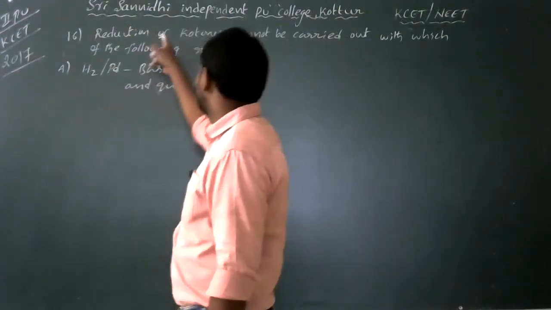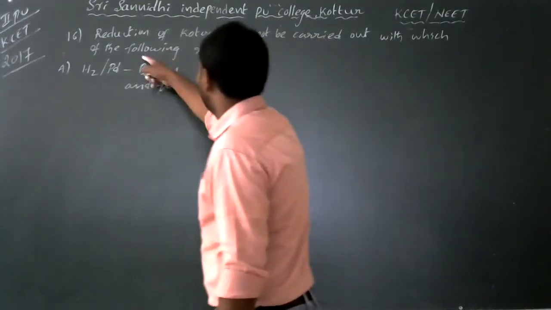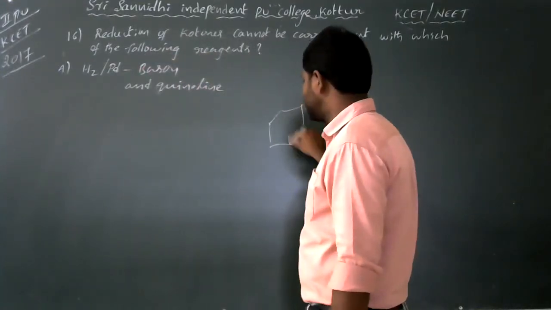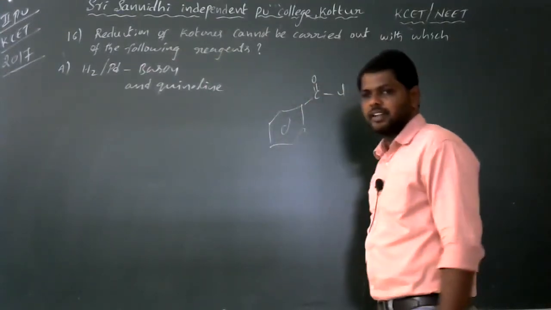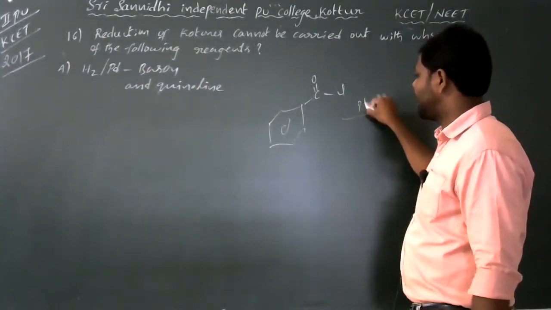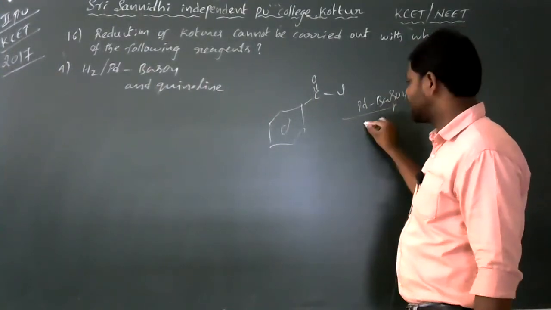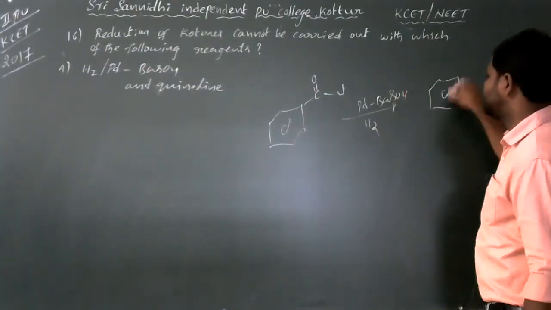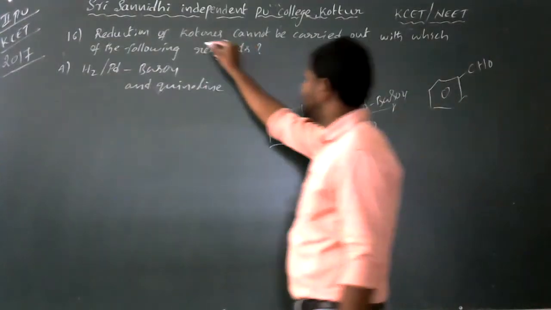But what they have given is that reduction of ketones cannot be carried out with the following reagent. Benzoyl chloride, C6H5COCl, an acid halide, in the presence of palladium BaSO4, also called Lindlar's catalyst, undergoes reduction to give benzaldehyde.